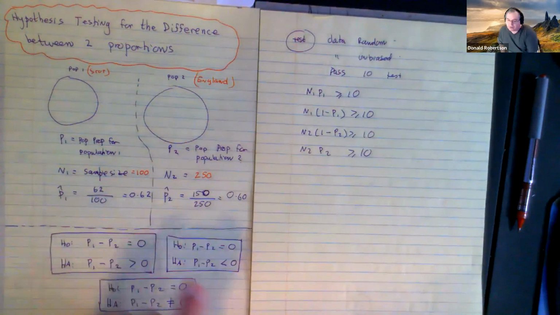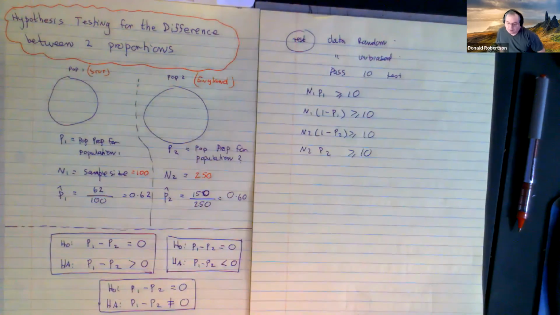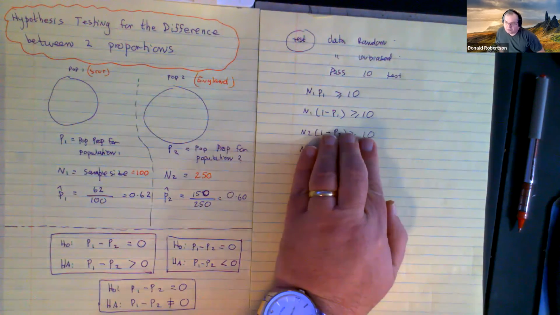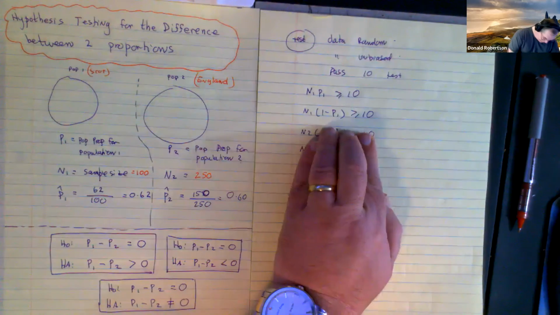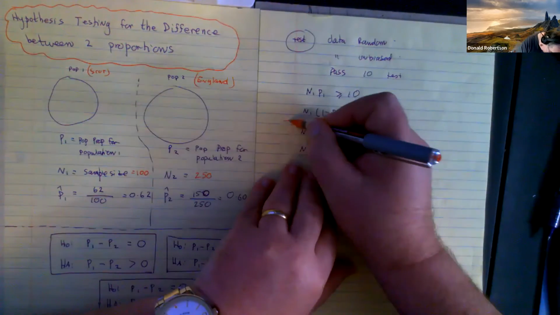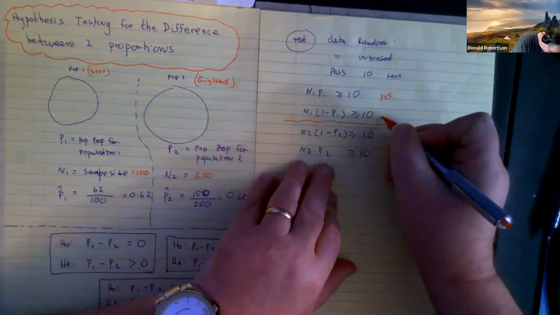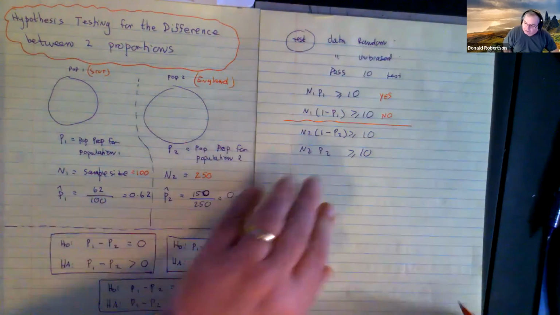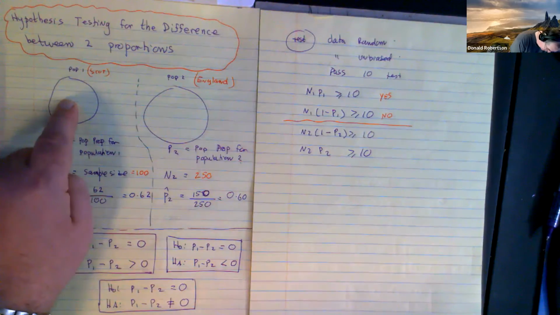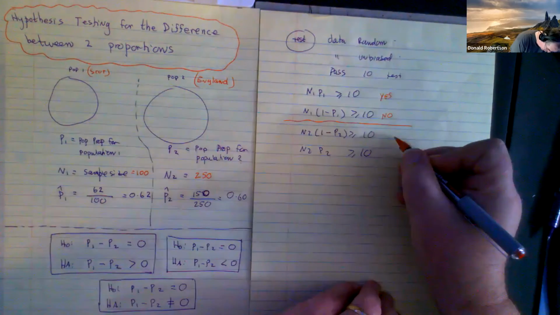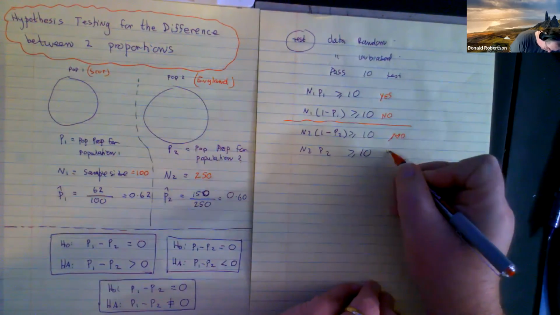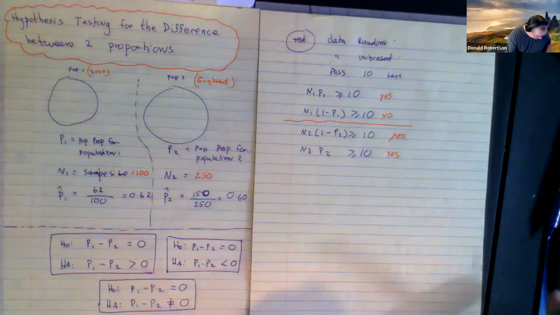Can you see you have to check all of them? Those are population 1, those are population 2. So think of it like, did at least 10 people say yes and at least 10 people say no from the Scottish population? And did at least 10 people say yes? Oh, that's the wrong one. No and yes. Right, I should check it on this one now.